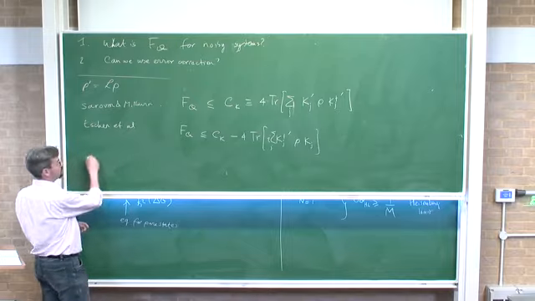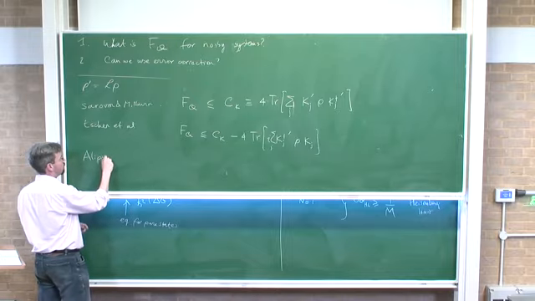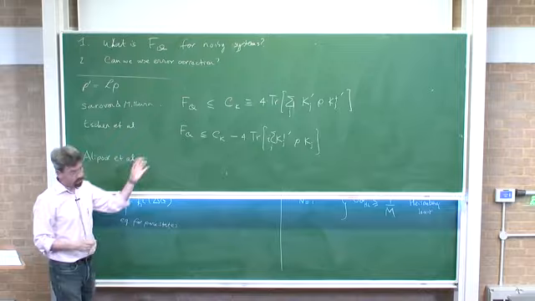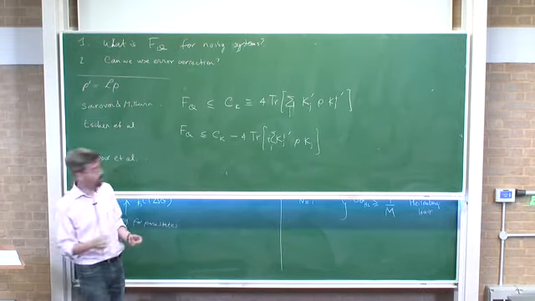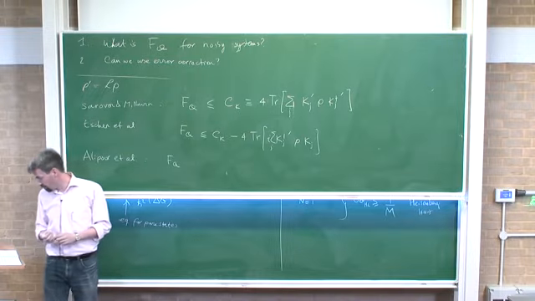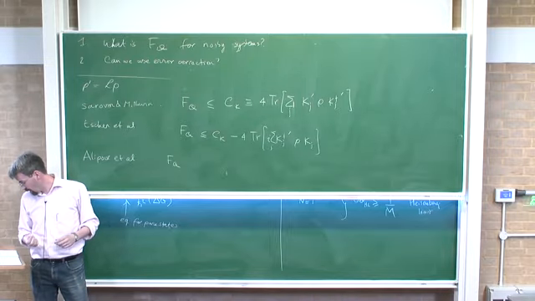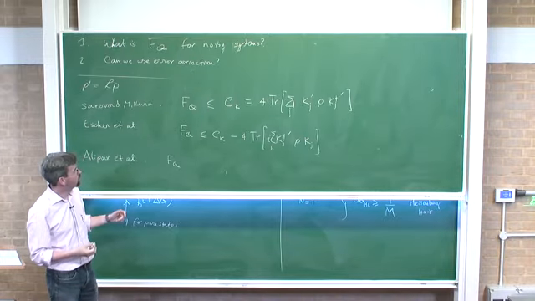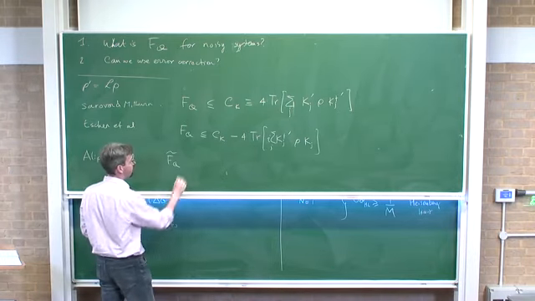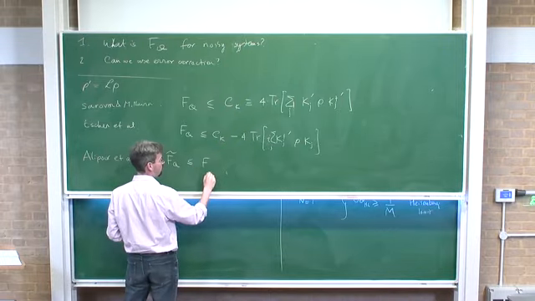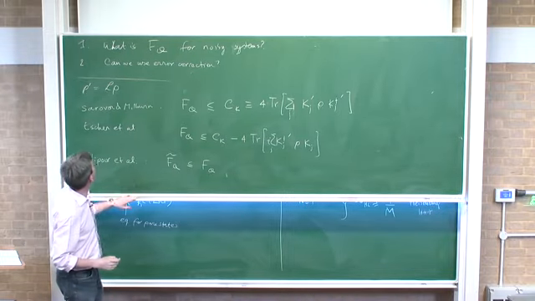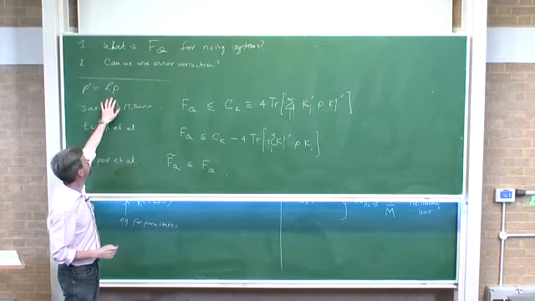Then, very recently, Alipour et al. took a completely different route, and they found that the quantum Fisher information for the noisy one is given by, so now the tilde here is with all the Lindblad terms.